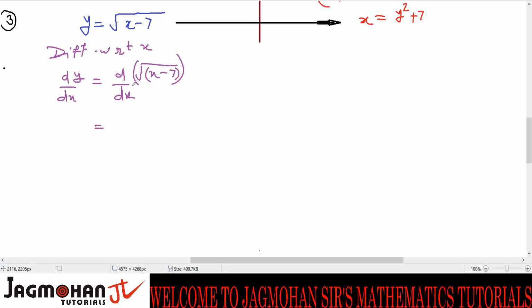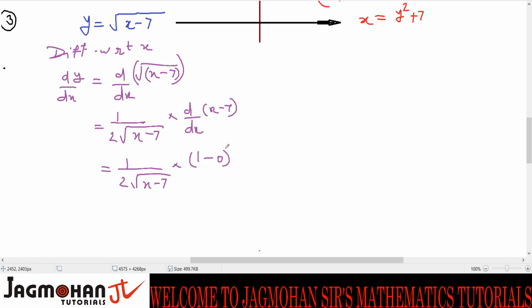Here it is d by dx of root f of x. Composite function. So 1 upon 2 root x minus 7 into d by dx of x minus 7. So this is 1 upon 2 root x minus 7 into d by dx of x is 1 minus d by dx of 7 is 0. So finally you get 1 upon 2 root x minus 7.